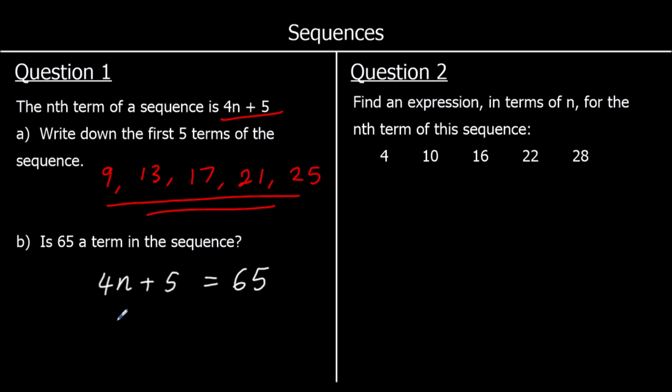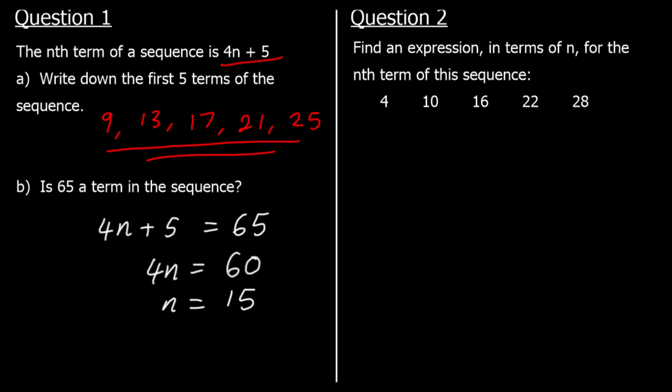And what we get for n will be the term it is. So let's solve this. Take 5 away from both sides. So 4n is 60. And then divide both sides by 4. So n is 15. So yes, it is in the sequence, and it is the 15th term.